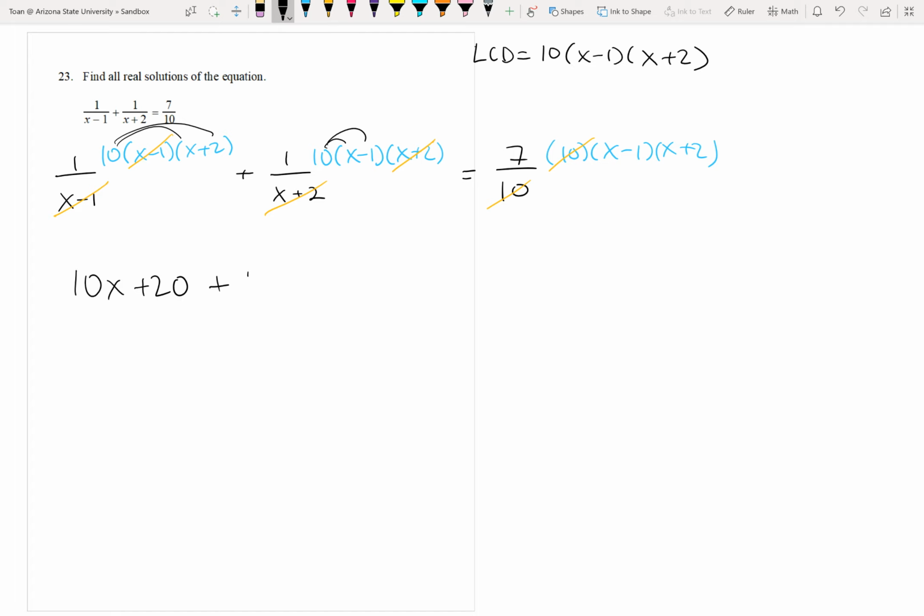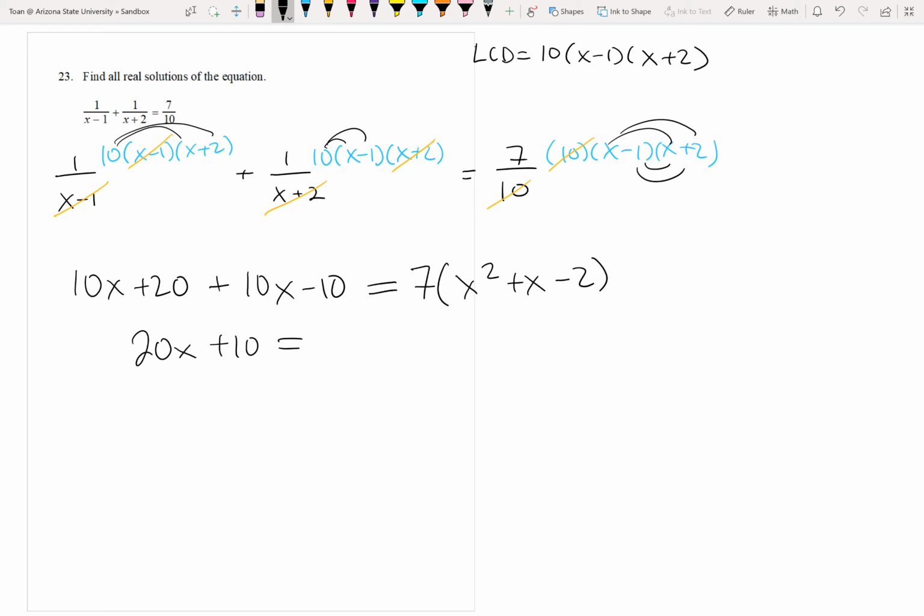And in the middle, we have a 10x minus 10, equals, and then on the right here, we have 7 times, and then just go ahead and FOIL this guy out. So that gives you x squared plus x minus 2. Let's combine like terms on the left here, so that's 20x plus 10. Equals, and distributing the 7 here, 7x squared plus 7x minus 14.